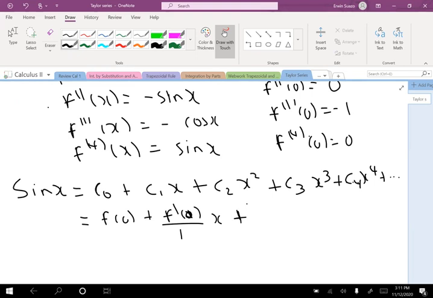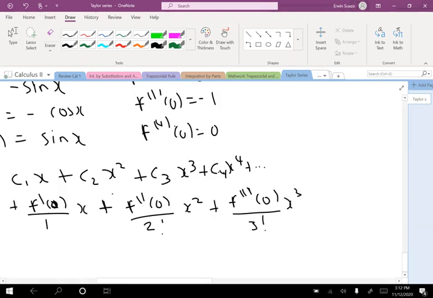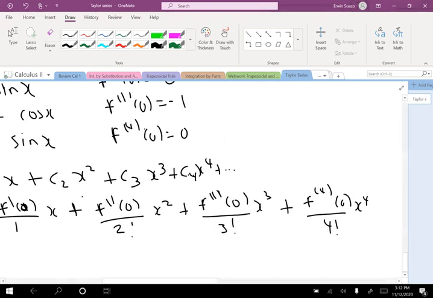C2 is the second derivative at 0 divided by 2 factorial, times x squared, plus the third derivative at 0 over 3 factorial, times x cubed, plus the fourth derivative at 0 over 4 factorial, times x to the 4, and so on.